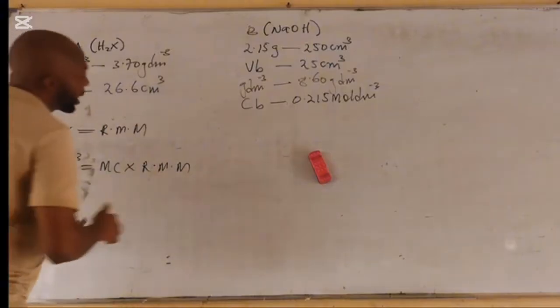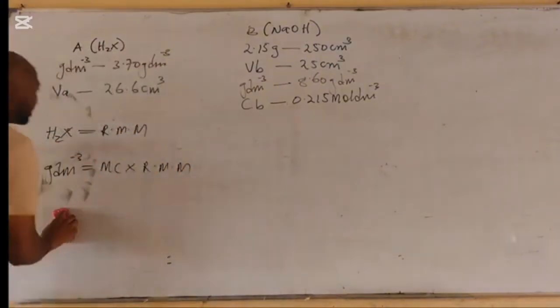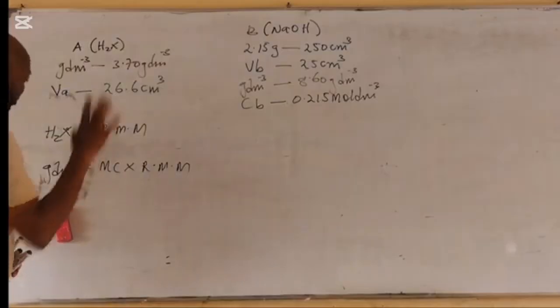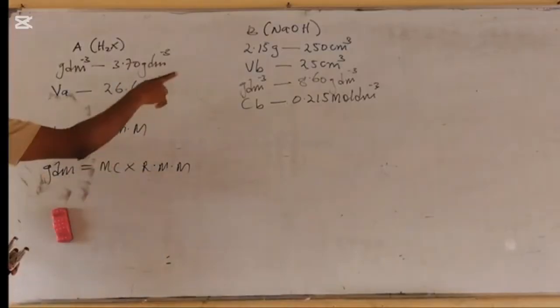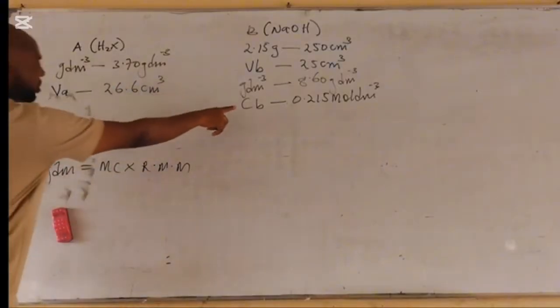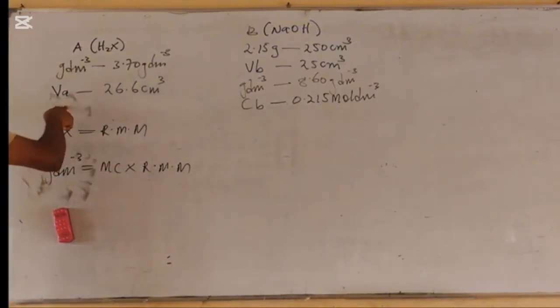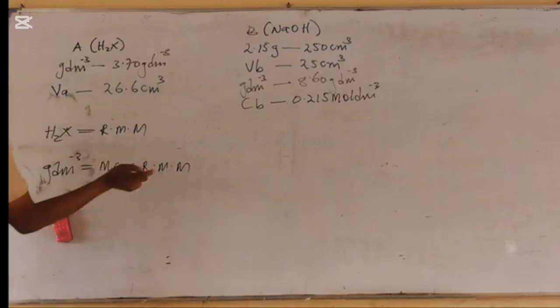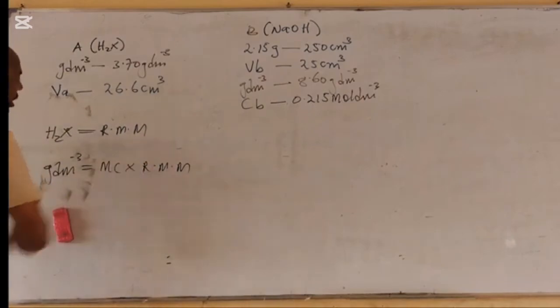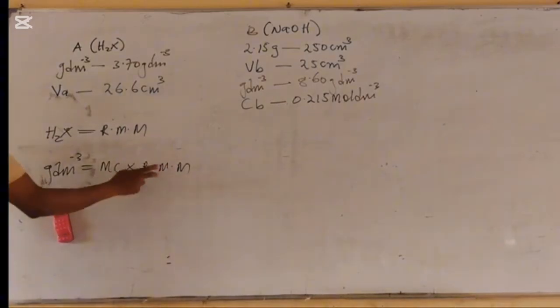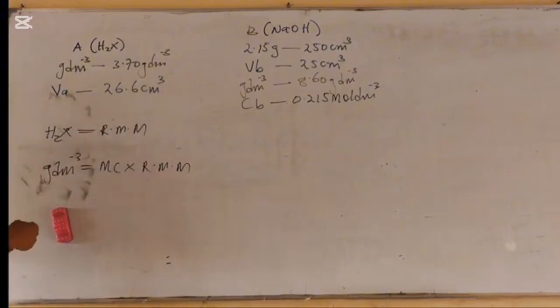So let's go back. The journey is rugged, but we are going to get there. Since we've known our concentration of the base, we're going to use the CAVA formula to get the CA so that we can now proceed to get our RMM, which is the relative molecular mass, after which we bring it here. So let's proceed.